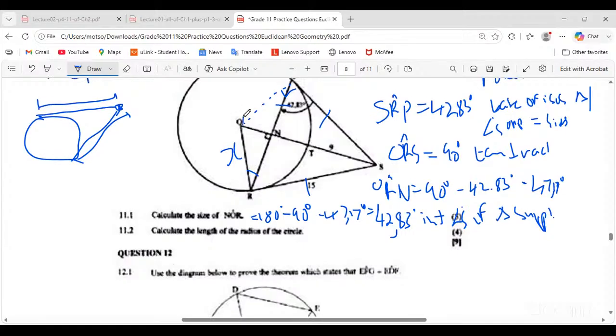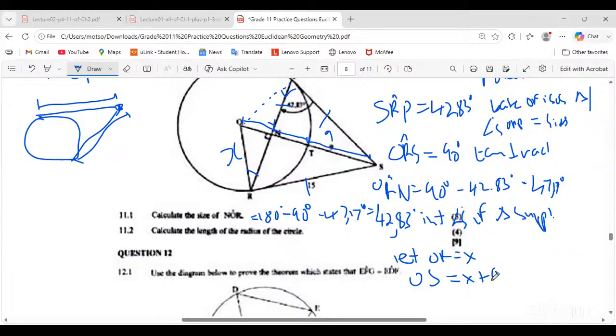Because remember, this is the radius. So it will be x plus this 9 here, right? Now you will say, okay, we let OR be x. Now, OS will be x plus 9, right?